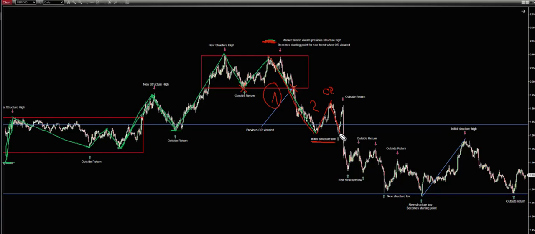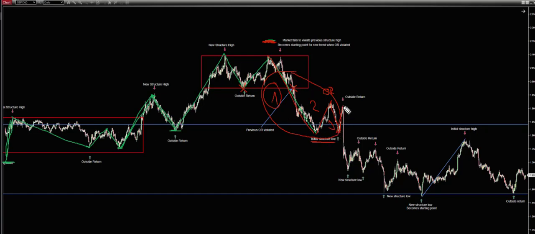Then we have our new structure low, because at least what I see here is that the price has closed below this. In case this price did not close below this wick here, then our new structure low would be here, and then we would have our confirmed trend here. But I think it did. So this is our 3-point move, and we have our confirmed bear trend going from bullish to bearish.